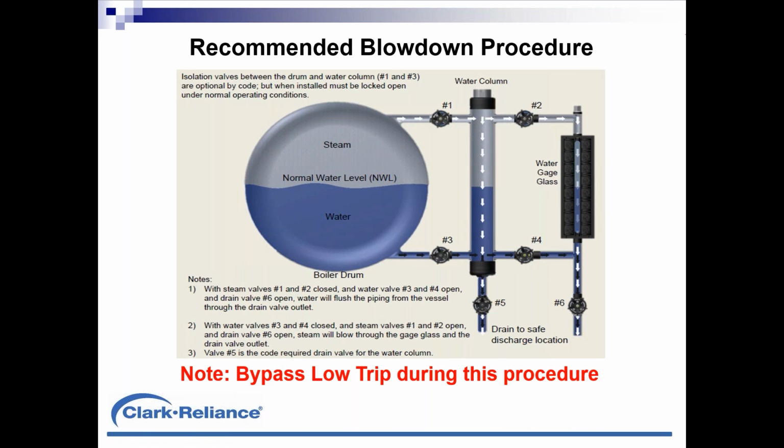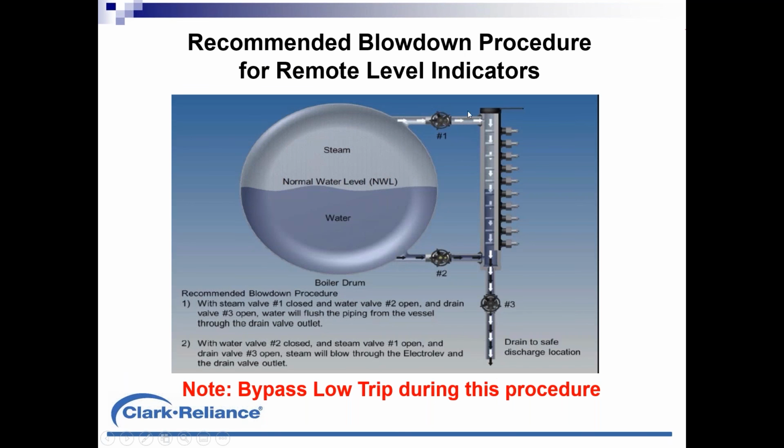The same philosophy applies to conductivity probe devices. Whenever doing blowdowns, it's always important to bypass a low water trip so that you don't trip the boiler needlessly and that the operator knows that someone else will be conducting a blowdown. On conductivity probe devices, the piping can be very simple, but as I mentioned a moment ago, the procedure is the same.